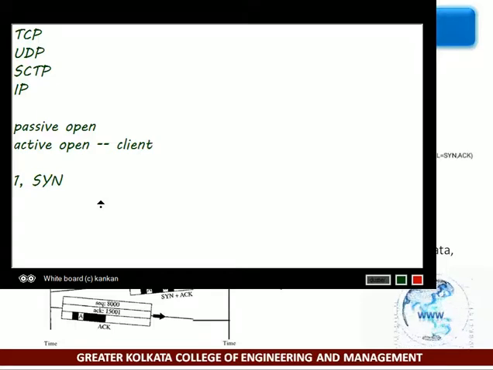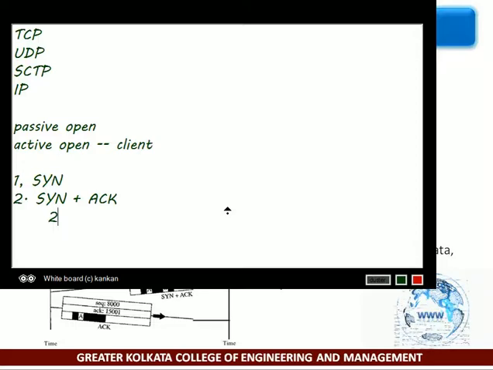Next, the server sends the second segment, a SYN plus ACK segment, with two flag bits set. This segment has a dual purpose.